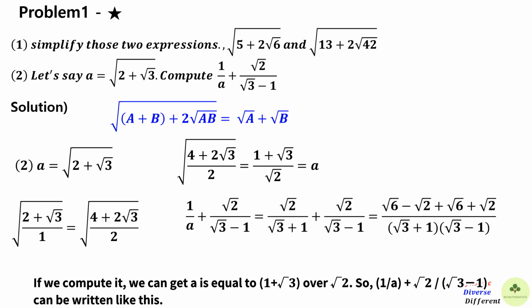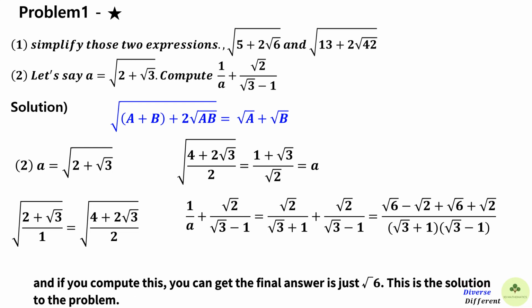So 1 over a plus square root 2 over square root 3 minus 1 can be written like this. And if you compute this, you can get the final answer, which is just square root 6. This is the solution to the problem.